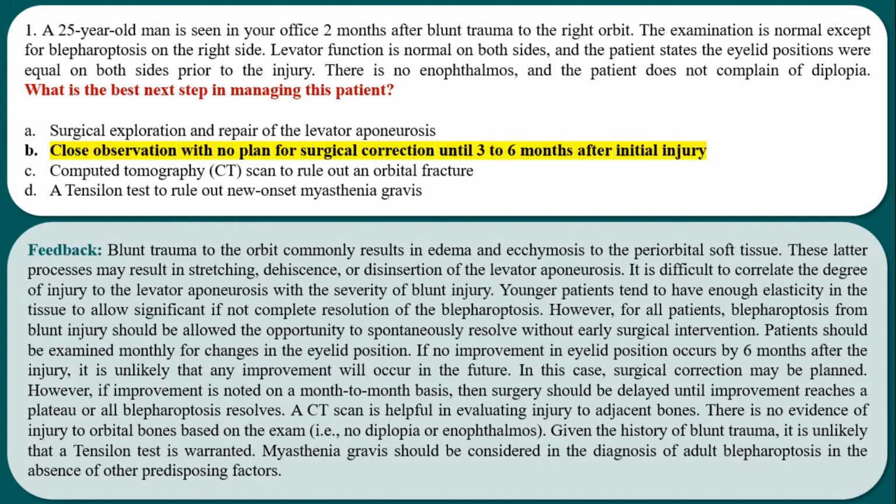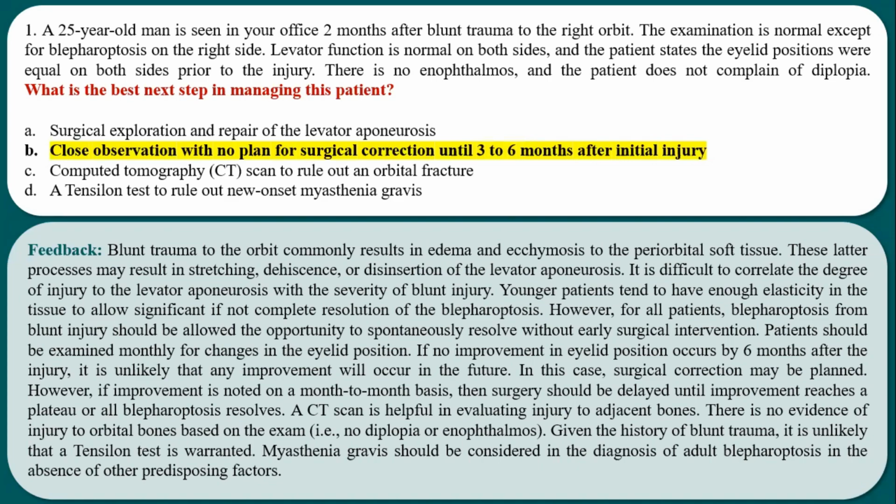However, for all patients, blepharoptosis from blunt injury should be allowed the opportunity to spontaneously resolve without early surgical intervention. Patients should be examined monthly for changes in the eyelid position. If no improvement in eyelid position occurs by 6 months after the injury, it is unlikely that any improvement will occur in the future. In this case, surgical correction may be planned.